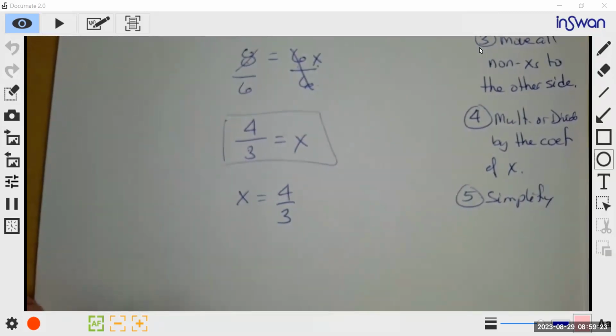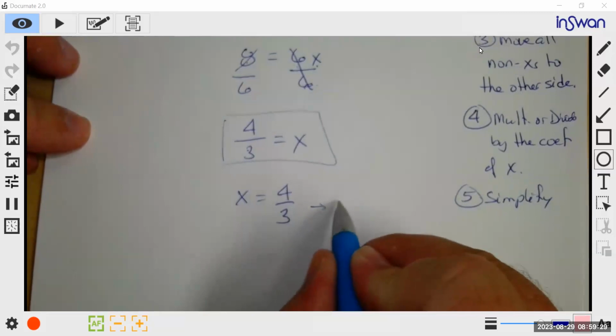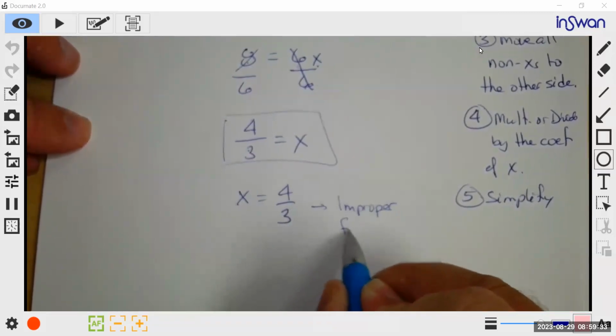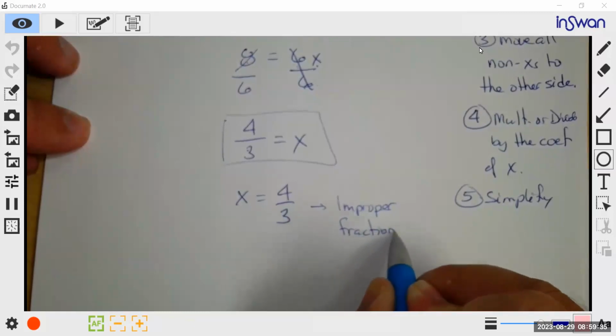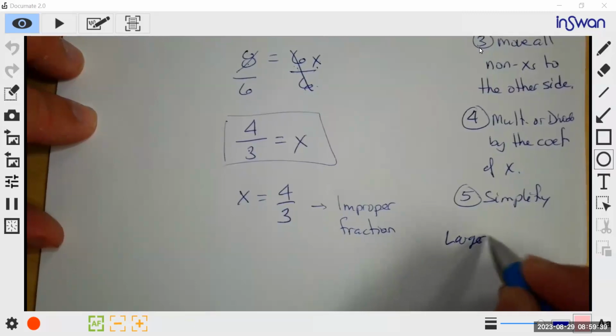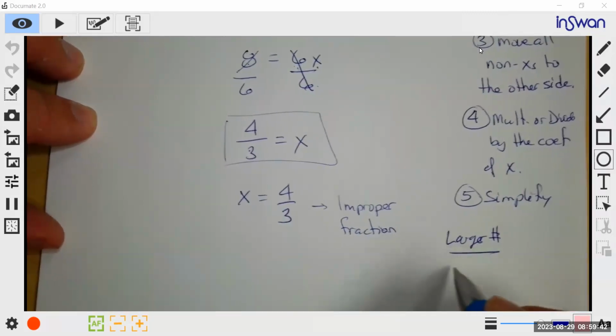Okay, here's a rule. What kind of fraction is this? This is called an improper fraction. Why is it improper? Because you have a larger number on top of a smaller number.